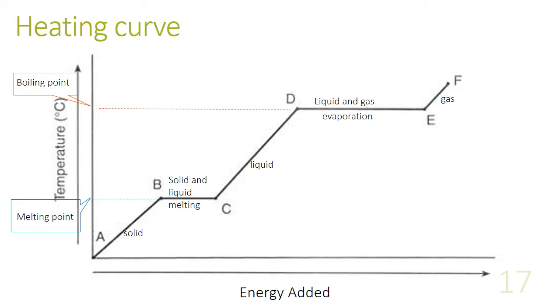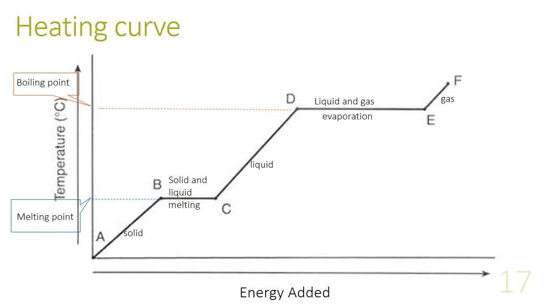They're not really moving faster, which is why the temperature doesn't go up during this part. From B to C, the temperature stays constant throughout the whole time that the solid is melting, and you have both solid and liquid present.